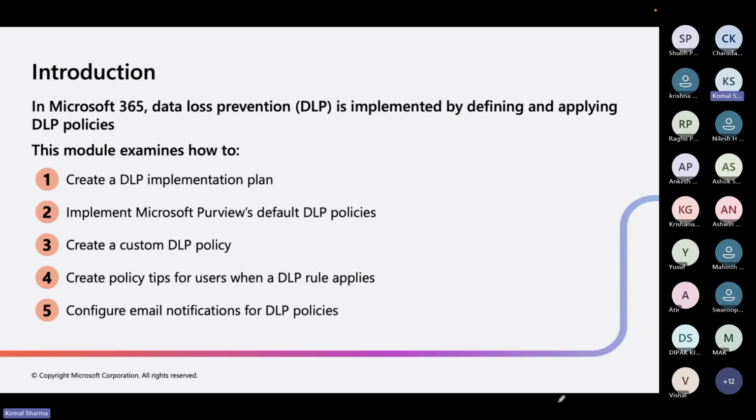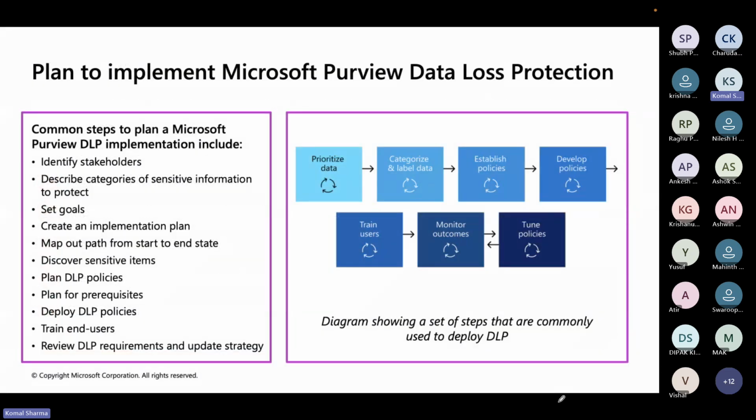So these DLP policies are going to help protect your sensitive data and define proactive actions that the organization can take when a DLP rule is violated. So it is very important first for the administrator to plan the DLP policies to help the organization.